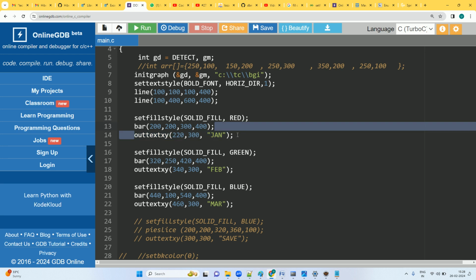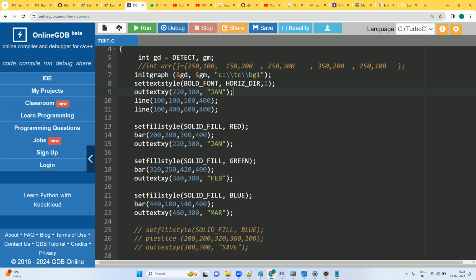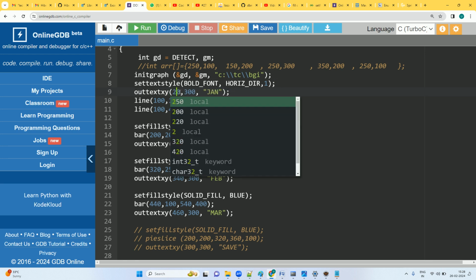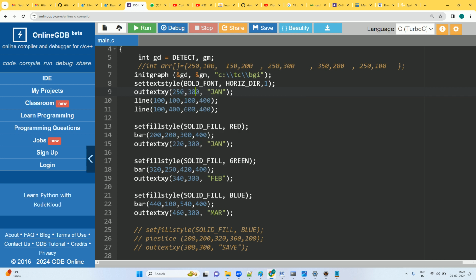So I take this 250 and, shall I set the fill style and the text over here? 250 and only 50. And what are we writing? Sales for first quarter 2024.